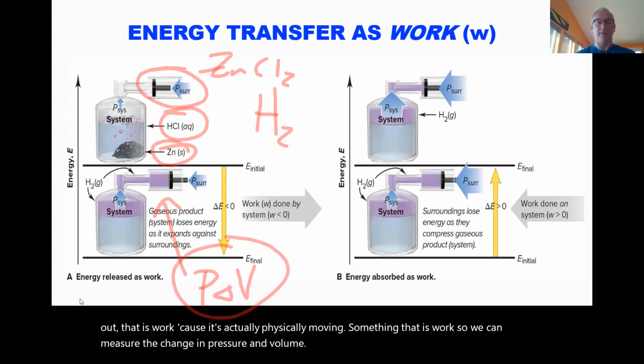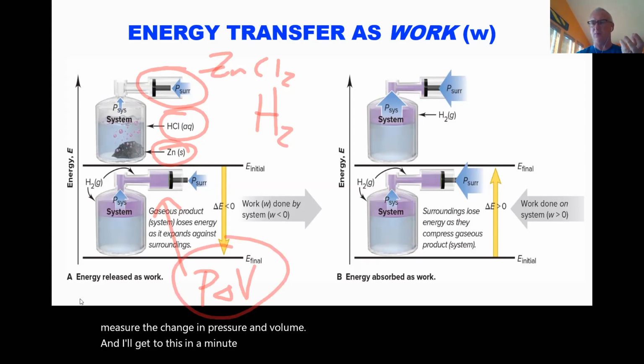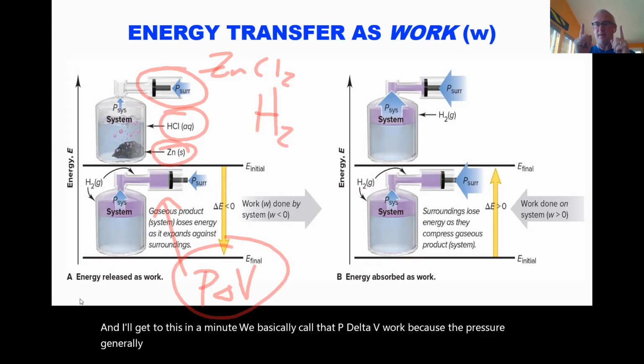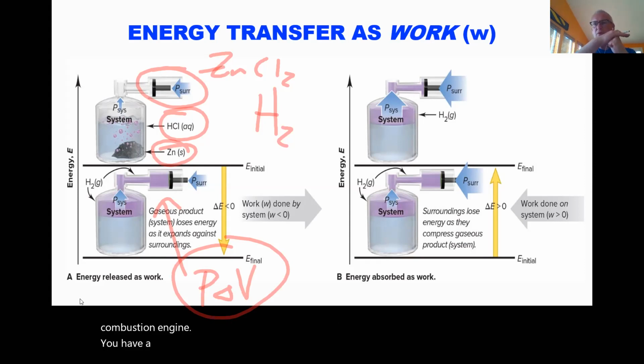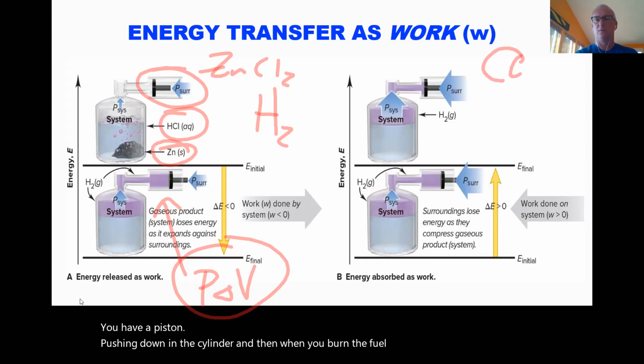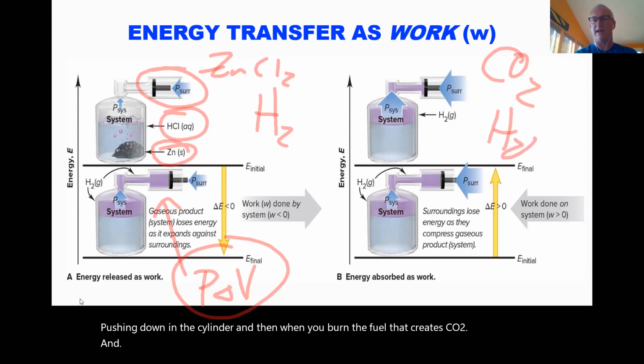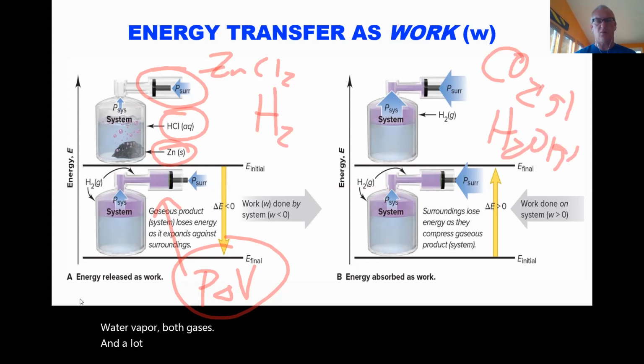We'll get to this in a minute. We basically call that P delta V work, because the pressure generally stays the same, and you're just changing the volume. Like in a car with an internal combustion engine, you have a piston pushing down in the cylinder, and then when you burn the fuel, it creates CO2 and water vapor, both gases, and a lot of other nasty gases we don't want.